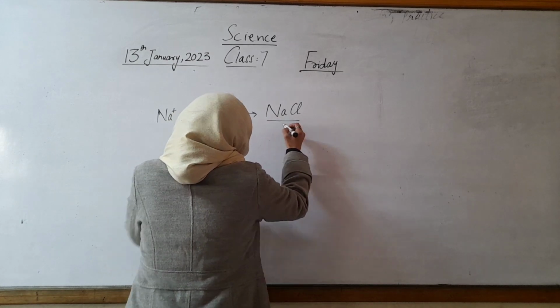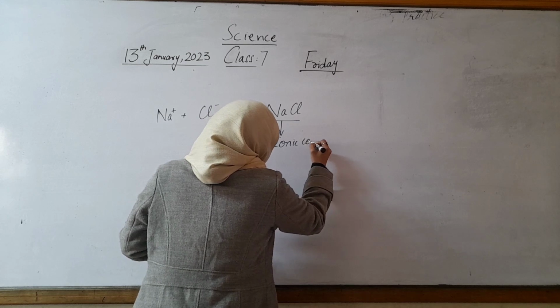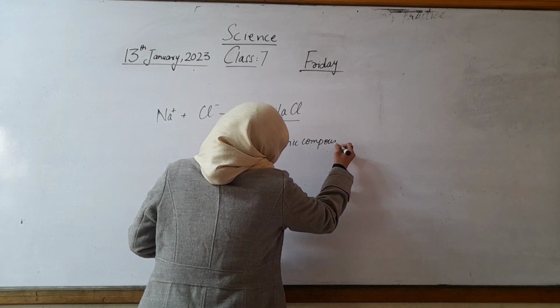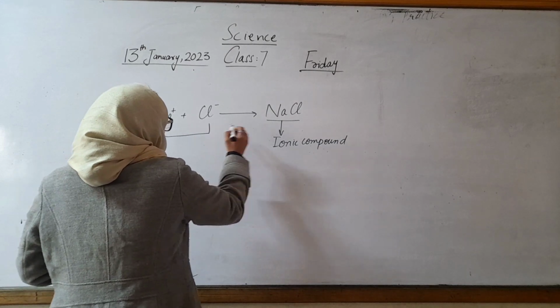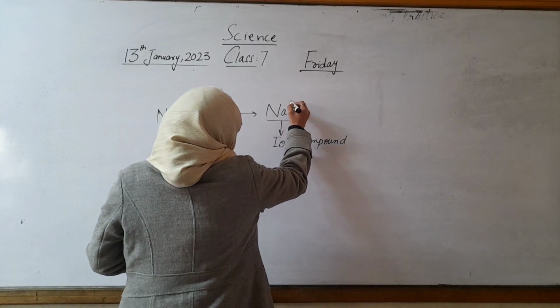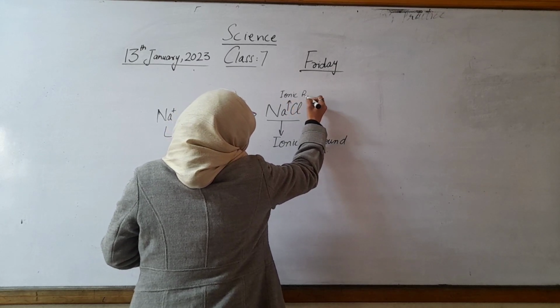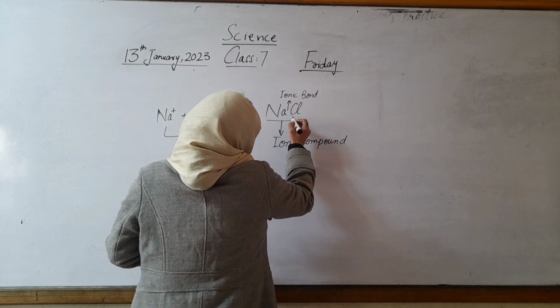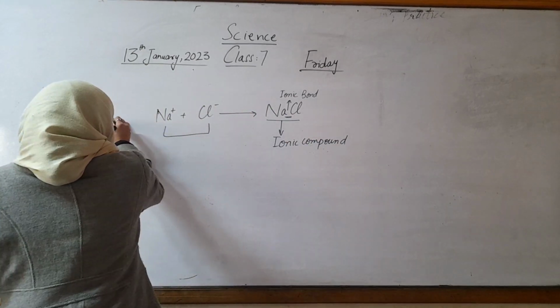The compound that is formed is called an ionic compound. And the bonding between sodium ion and chloride ion is called an ionic bond. Here the bond is formed. It is called an ionic bond.